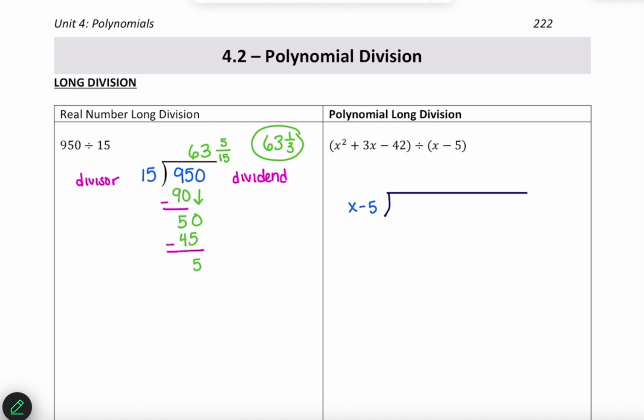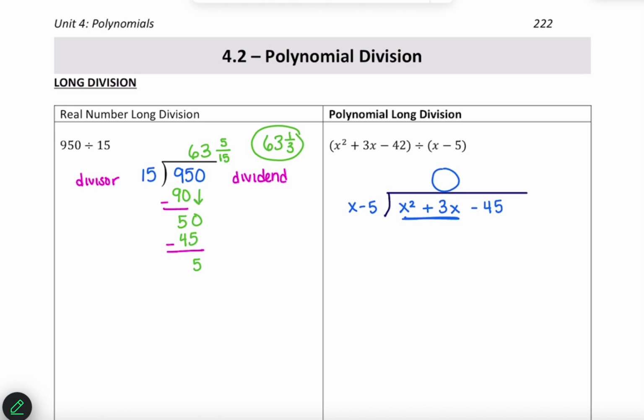That's our divisor, and our dividend is x squared plus 3x minus 45. Again, I have two terms on the outside, x minus 5, so I can't have it just go into x squared, which is one term. So I have to look at the first two terms.